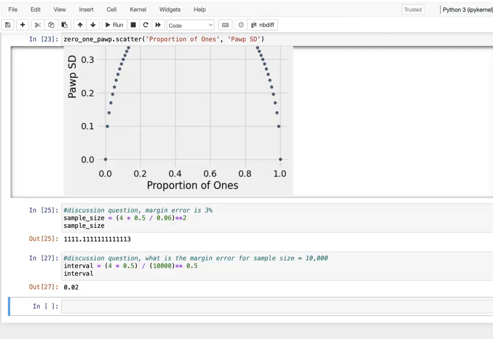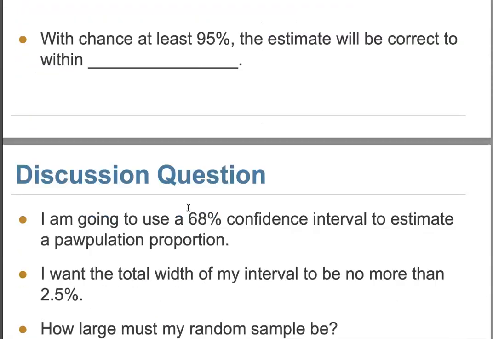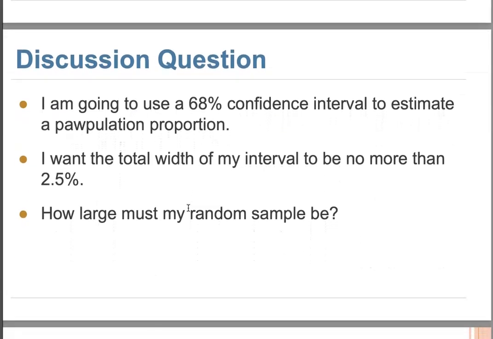Okay, then you can see the last question as well, since we have time. Here they say they're going to use a 68% confidence interval to estimate the population proportion. What does this mean? Before, for a 95% confidence interval, that's plus or minus 2 SD.